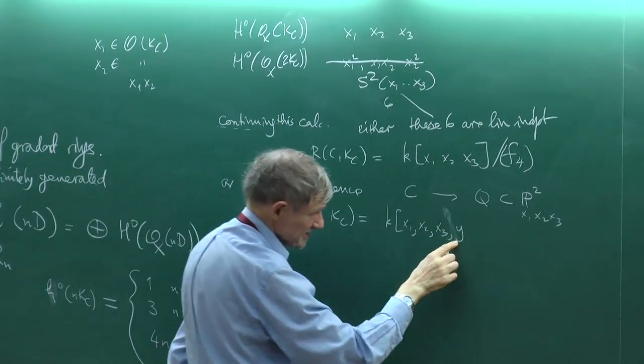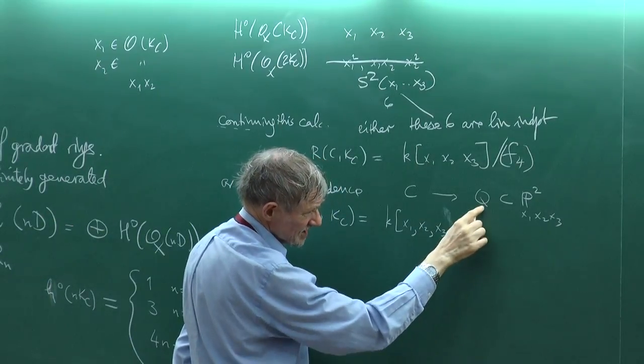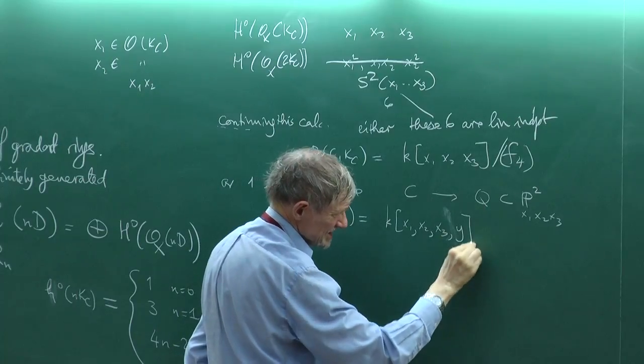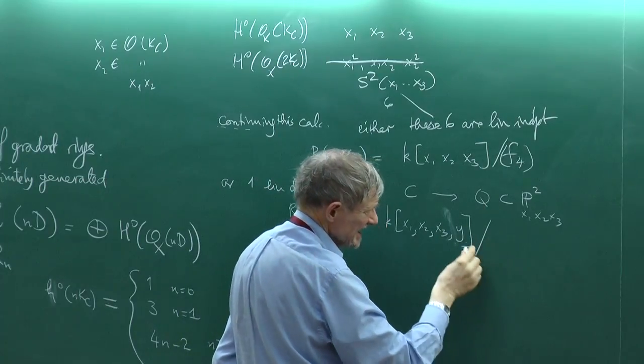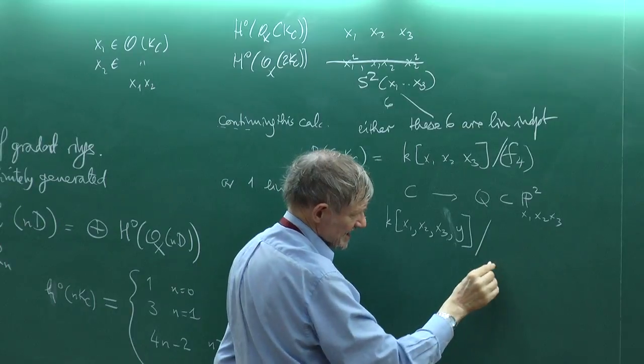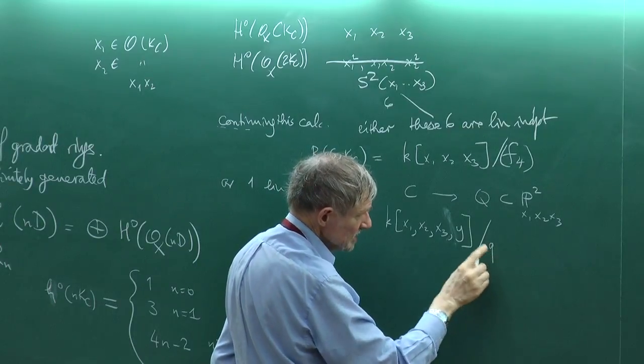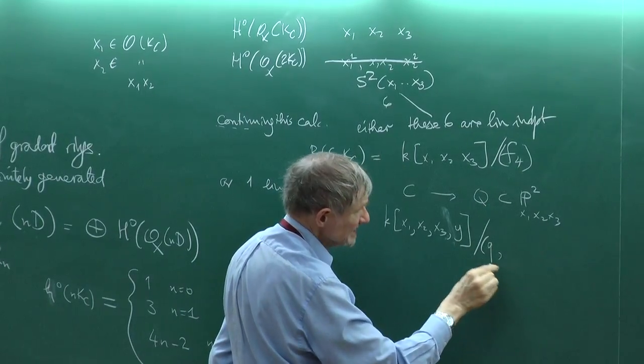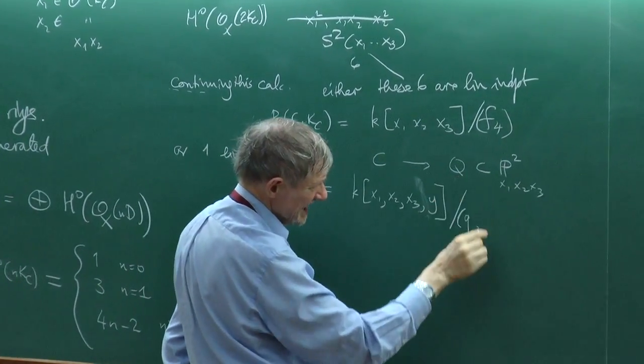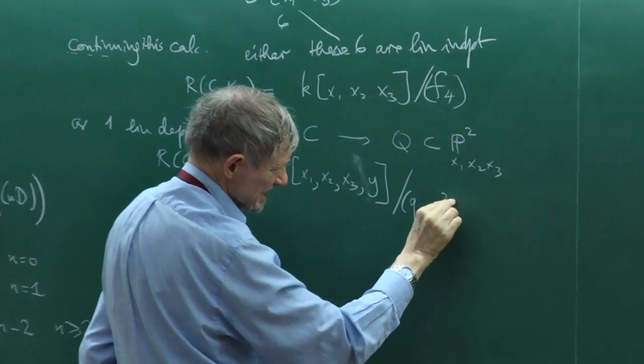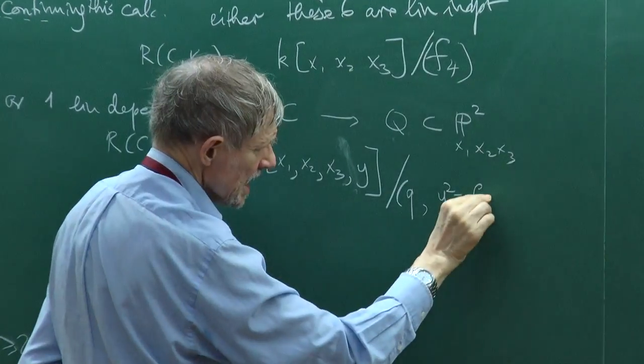And this is the new element I'm putting in to compensate for this equation there. And then divide it out by 2 equations. So now 2 equations are Q, which is the equation of this relation here, and then a new relation saying that y squared equals F4.